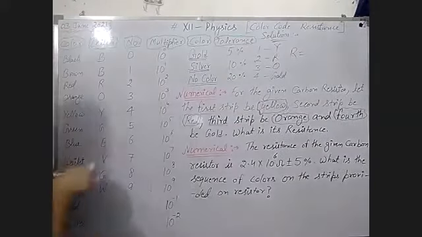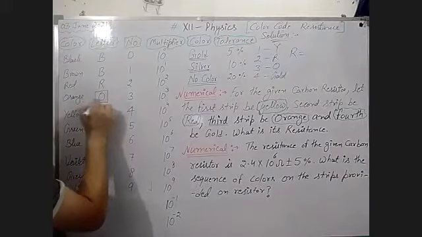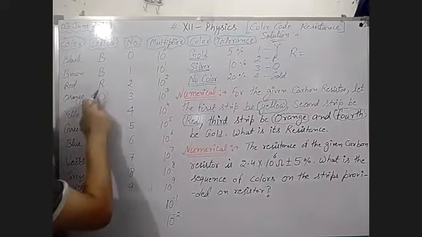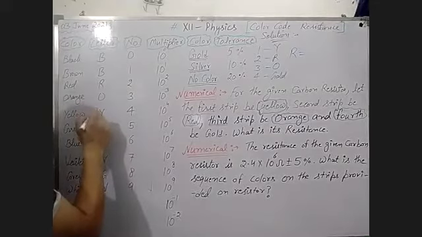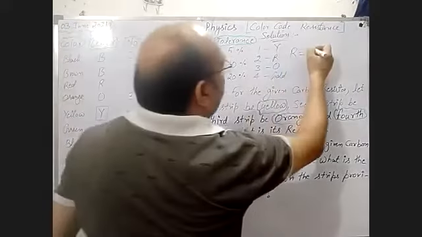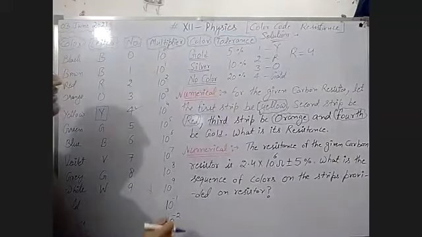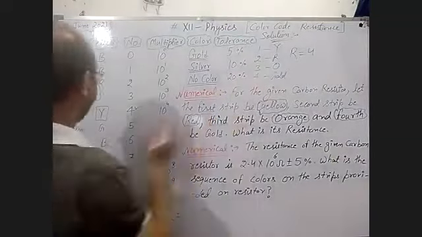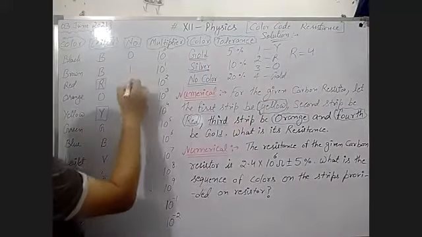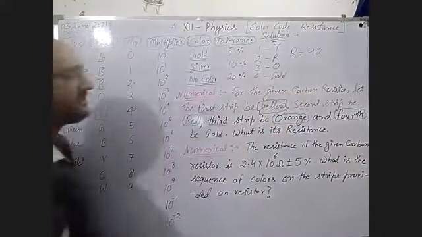Yellow color you have to take from the table. Yellow has number 4, so you write the first digit 4. Now the second is red. Again you take the red value from the table, number 2. Now 42.